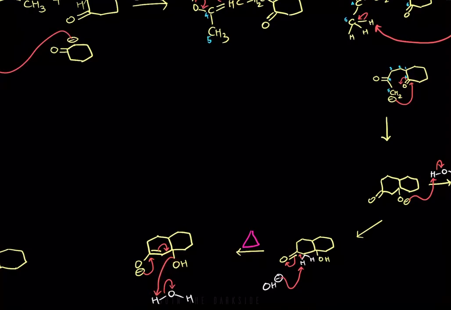Do you remember what kind of mechanism this is? Yes, it is the E1cB mechanism. E1cB is the unimolecular conjugate base mechanism. Remember, in a conjugate base mechanism, a carbanion is formed. Once the hydroxide abstracts this hydrogen, it forms a carbanion-like structure.